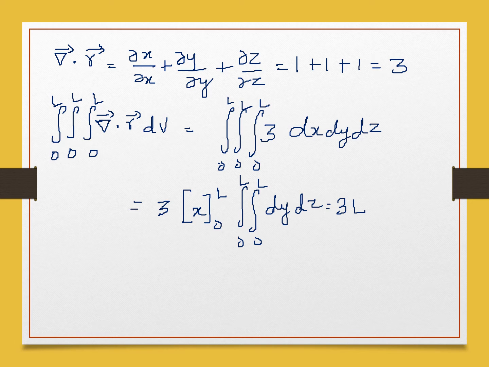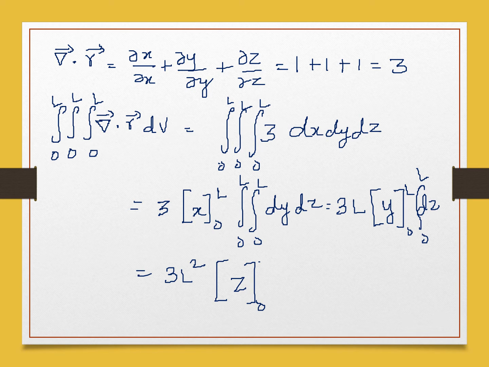Then dy is integrated as y from 0 to L, so it becomes 3L squared. Then dz is integrated as z from 0 to L, so we get 3L cubed as the answer.